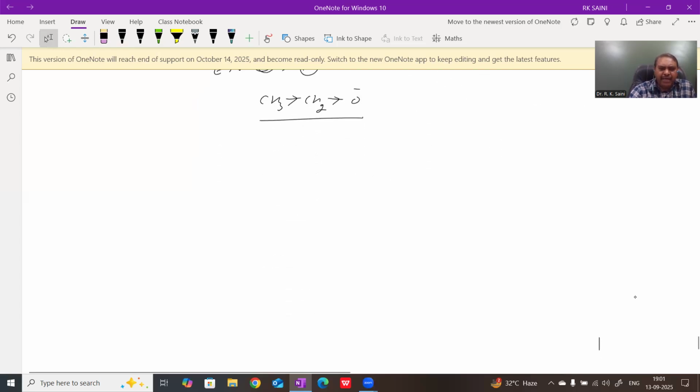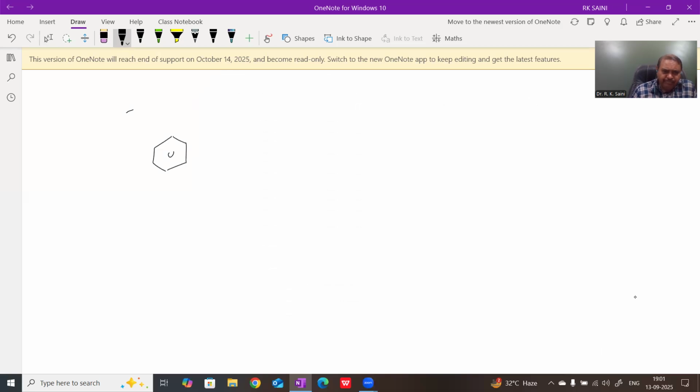Now we consider some effects of substituents on the acidic basic strength of carboxylic acids, aromatic carboxylic acids. For example, benzoic acid and ortho-toluic acid. We check another effect, steric inhibition of resonance.